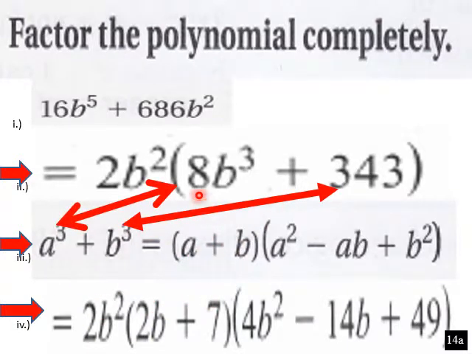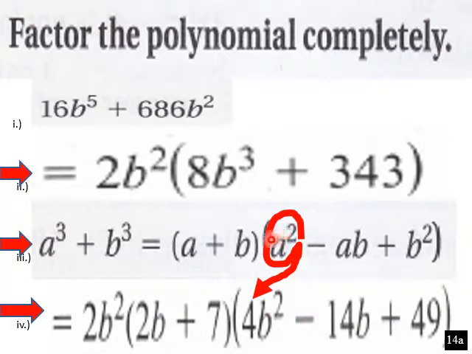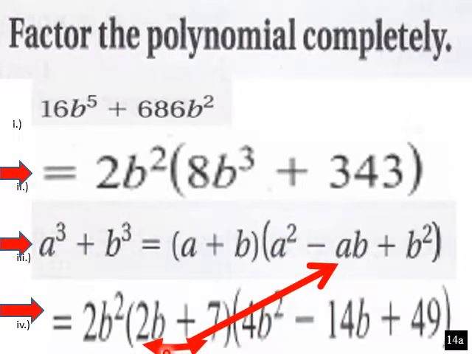There's our cube there, and there's our cube there. And then we go into this pattern here, and then this goes down into here. That's our base of what we're doing. Then a squared is here, so 2b squared is 4b squared.